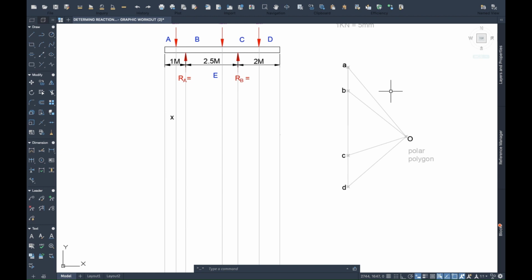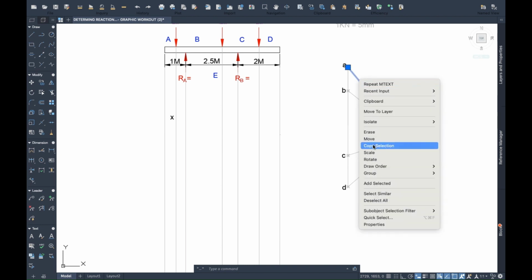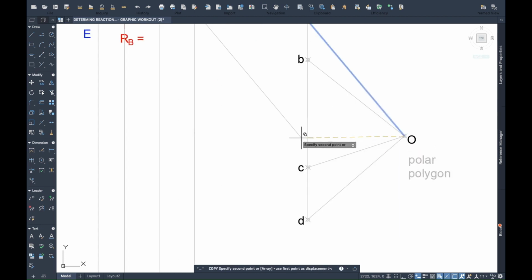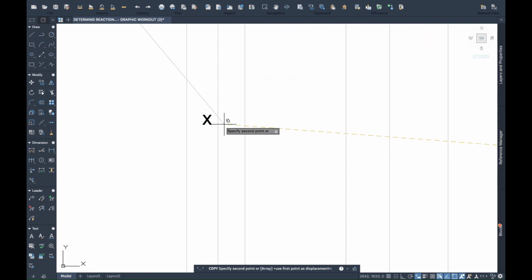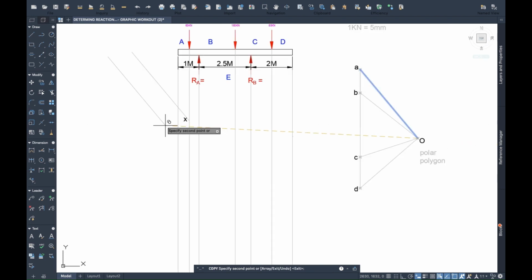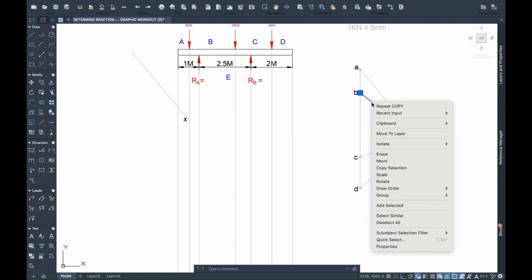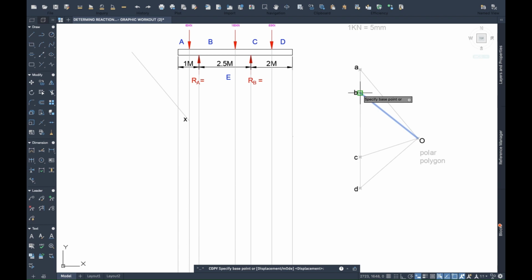Now the approach to this is that we would copy AO, and at a point convenient, let me just use X right here. So at a point convenient, then OA will be on that line there. Next, we will have BO, and BO will be copied there.